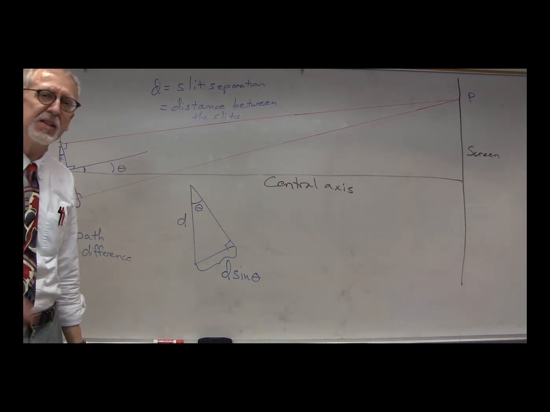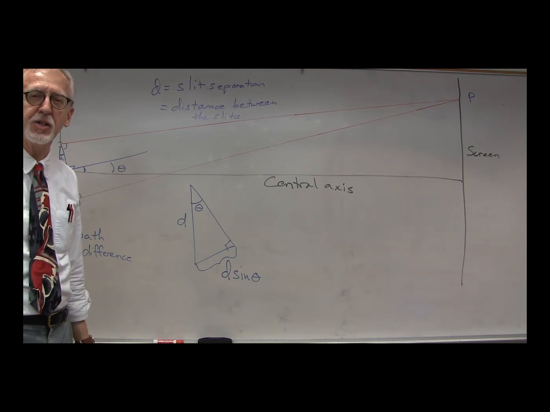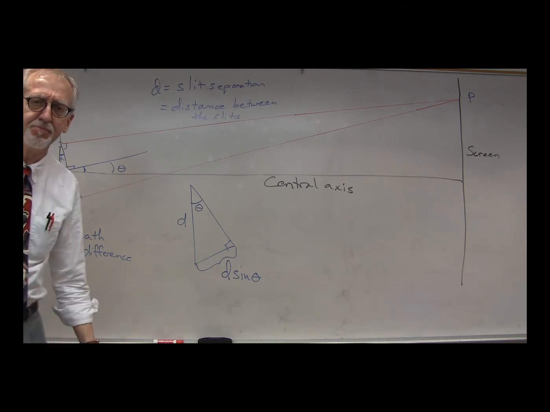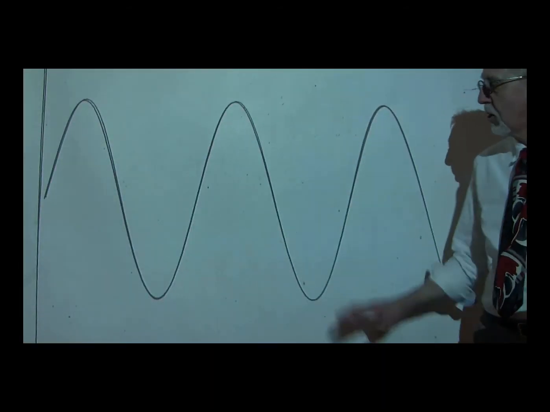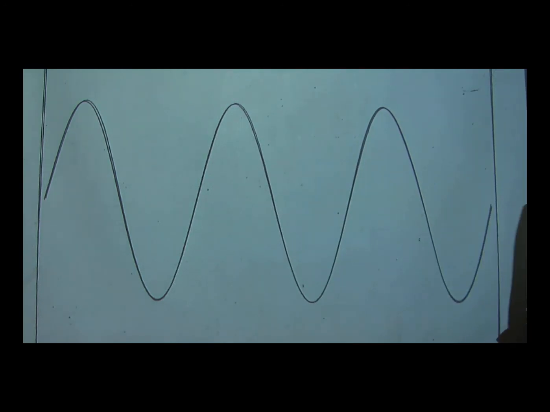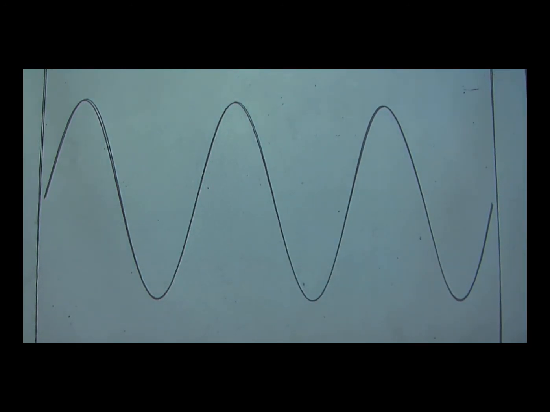Well, how is the path difference going to determine whether the two rays are in phase or out of phase? Let's go back to our picture of the sinusoidal rays and see how that affects it. So here are our two rays again. Let's imagine that the two rays start out in phase and they both travel the same distance. They're both going to end up in phase.